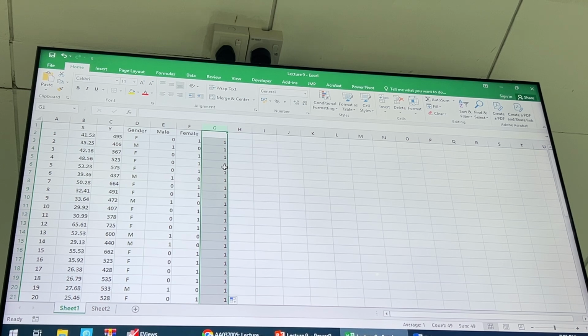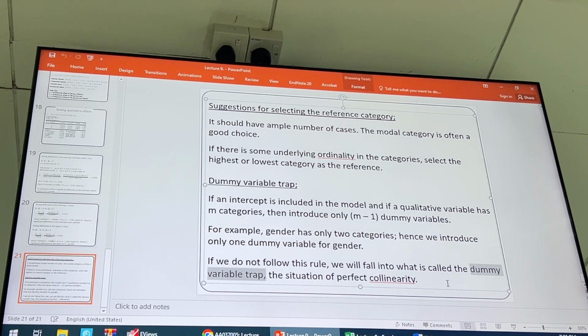In that case, you actually only have two categories. So remember that one. Normally we exclude one. If you have three categories, you just include two dummies. If you have five categories, just include four dummy variables, excluding one.